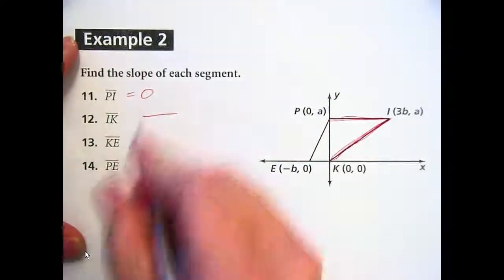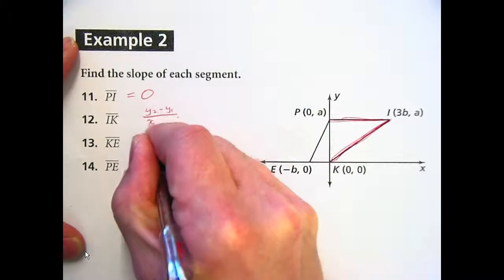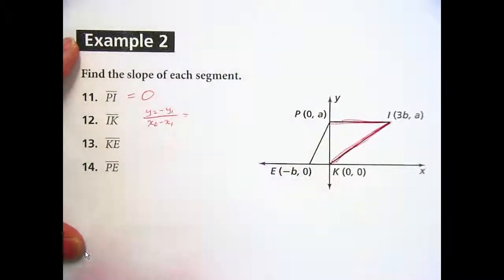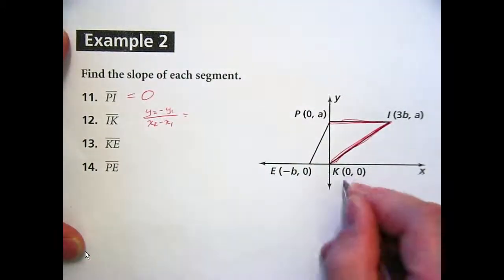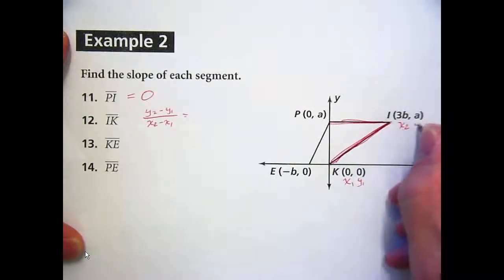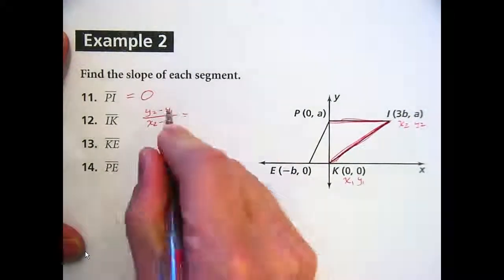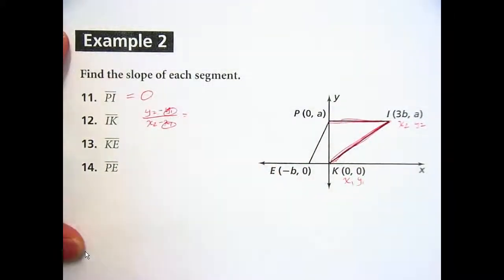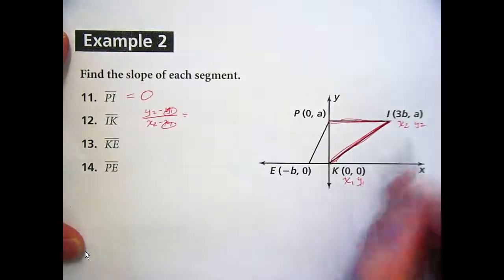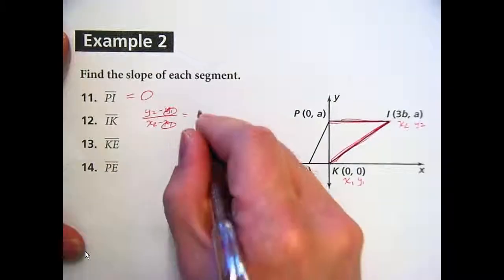Slope formula: y2 minus y1 over x2 minus x1. If I call this one x1, y1, and this x2, y2, hopefully that's pretty easy, right? You're subtracting 0, so both of these parts become 0, and you're left with a over 3b.